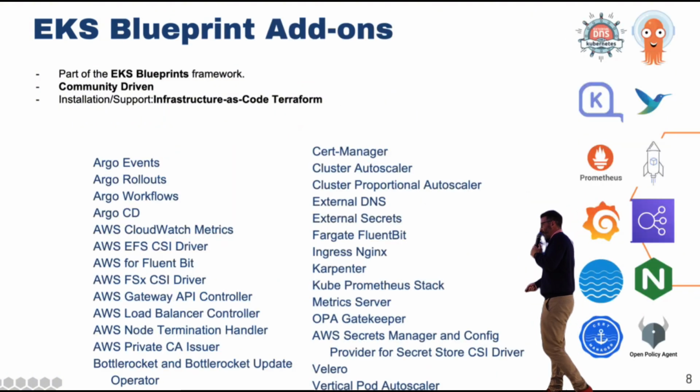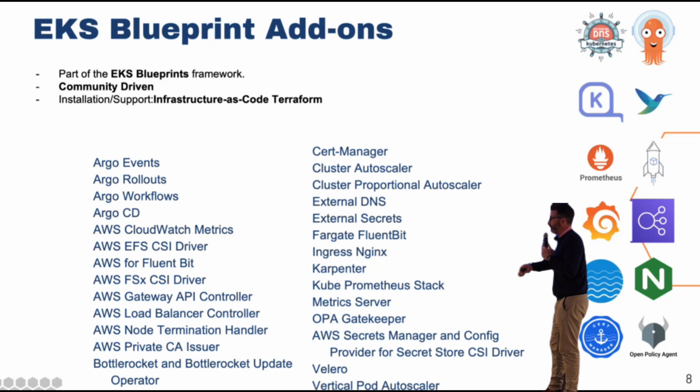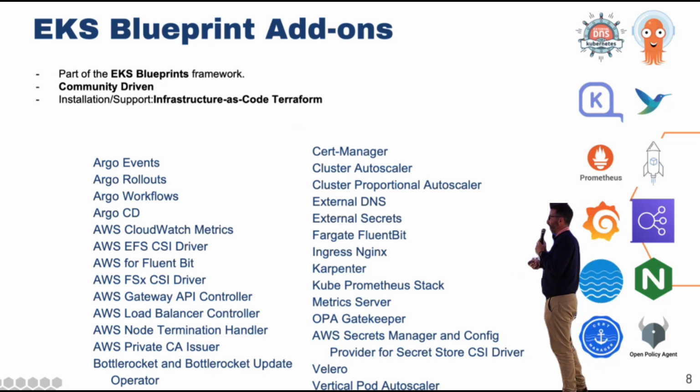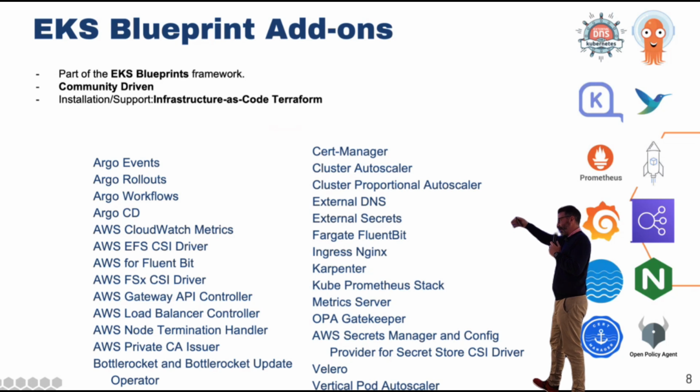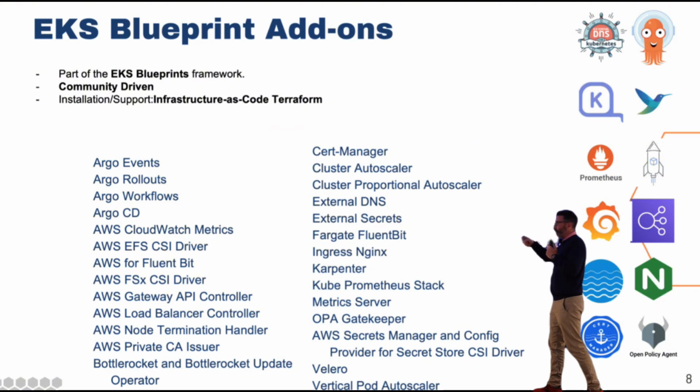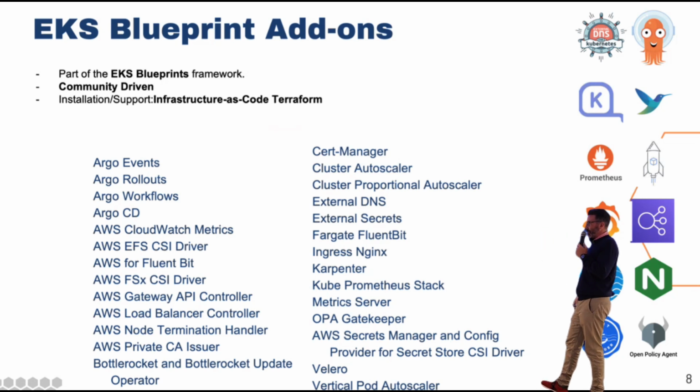Now we have the other type of add-ons. These are the EKS Blueprints add-ons, okay? Those are community-driven, and the only way to implement them is using Terraform code. In there you have a huge variety of different add-ons that you can have ready in your cluster just by switching a flag from false to true.